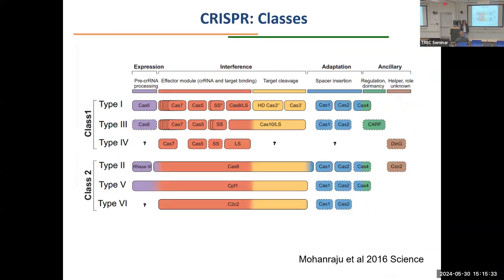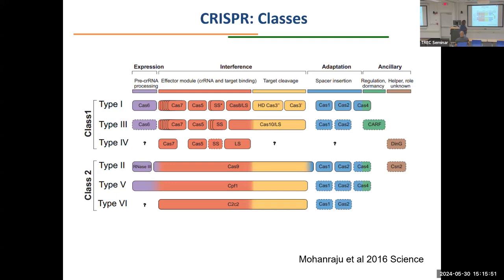Till now, many CRISPR-Cas acquired immunity systems have been described and identified, and they have been classified into different classes, class 1 and class 2. CRISPR-Cas9 is a class 2 type 2 acquired immunity.